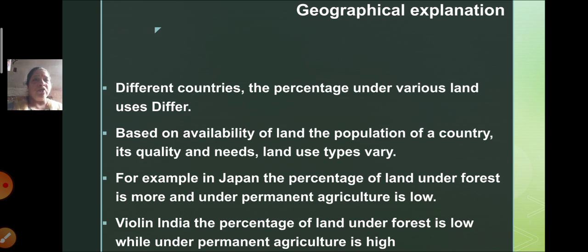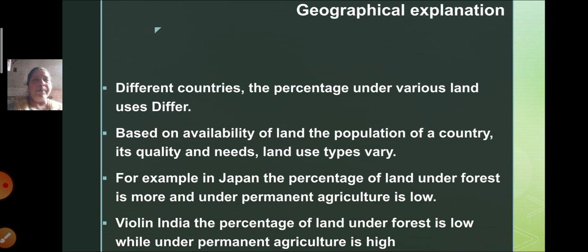It is based on the availability of land, the population of that particular country, its quality and needs, as well as the land use types, which also vary between countries.